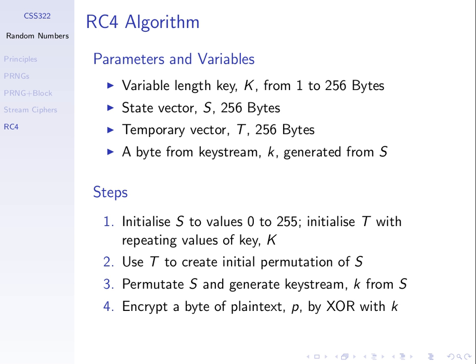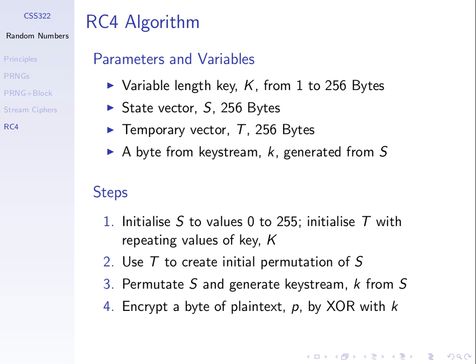We use T to perform some initial permutation on the state vector S. So we rearrange the elements in S. We'll see the way that's rearranged in a moment. And then another permutation on S. And from that, generate that output key stream, 1 byte K, our random byte.